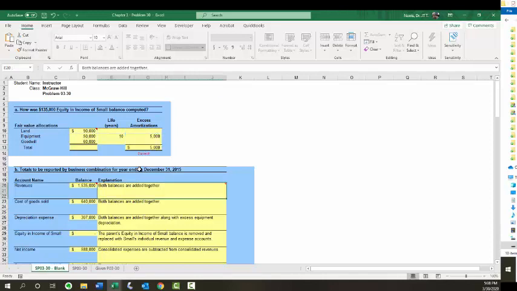So the total is $200,000, and that makes up the excess of the purchase price, which was $770,000 minus $570,000 that was paid. That was the equity in Small at the acquisition date.